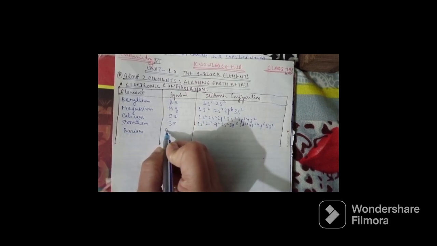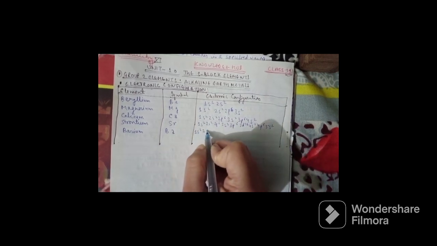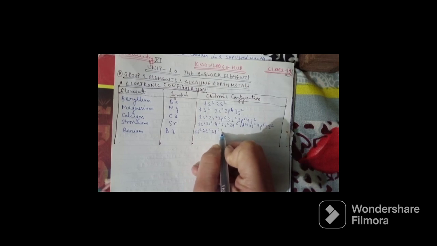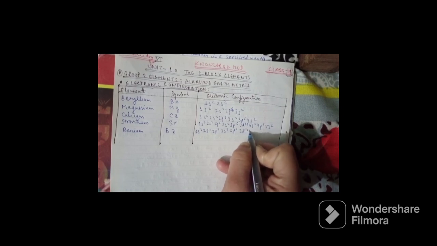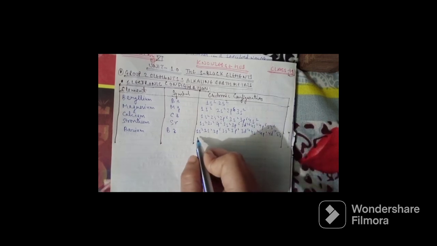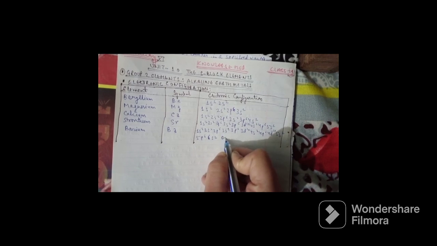Another element is barium. The symbol is Ba. The electronic configuration is 1s2 2s2 2p6 3s2 3p6 3d10 4s2 4p6 4d10 5s2 5p6 6s2, or xenon 6s2.